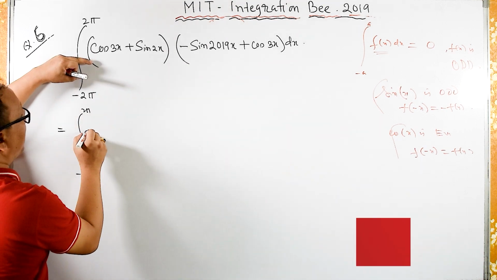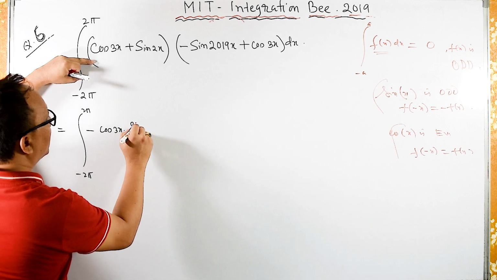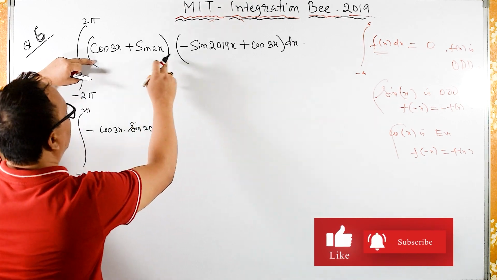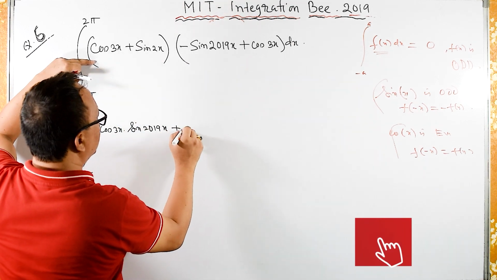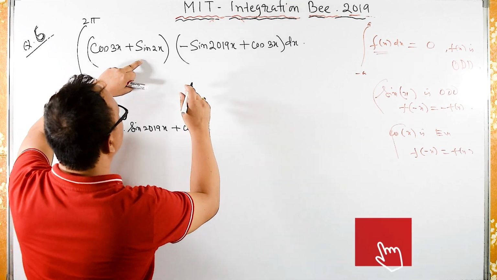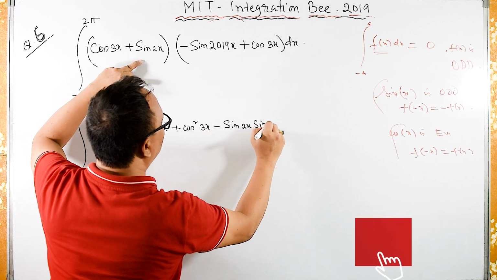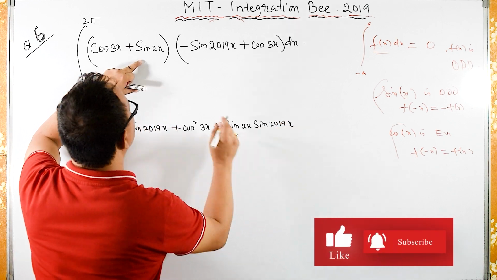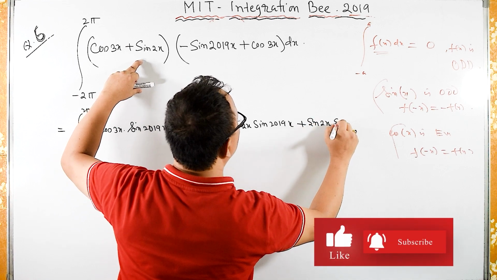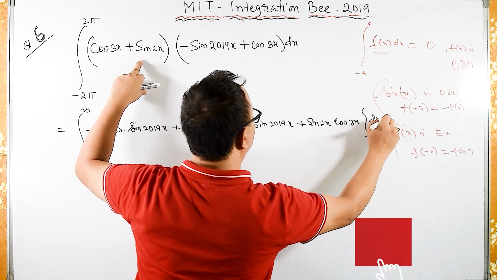If I multiply this, we will have minus cos of 3x into sine of 19x, this into this, and then this into this, we have plus cos square 3x, and then this into this, minus sine of 2x into sine of 19x, and then here plus sine of twice x and cos of 3x, whole dx.